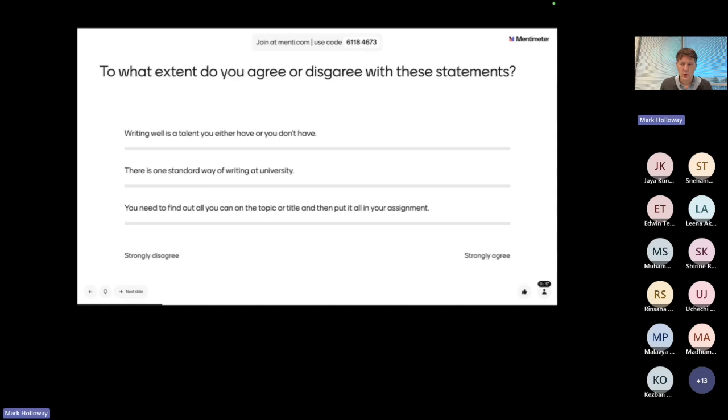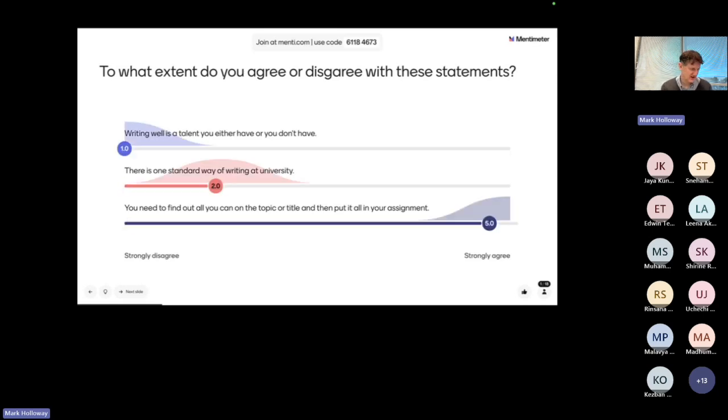What I'd like you to do with these 3 statements is to click to show me whether you agree, strongly agree, disagree, strongly disagree, or whether you're somewhere in the middle in relation to each of these statements.